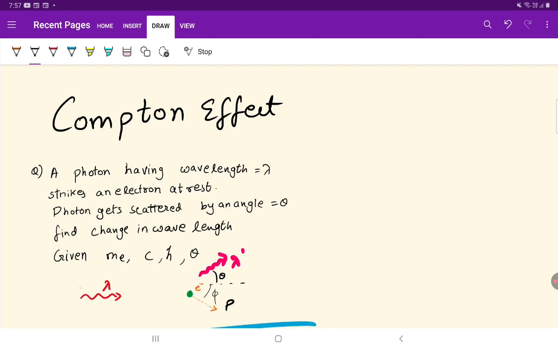Given that m_e, which is the mass of the electron, c, that is the speed of light, h, that is Planck's constant, and theta. What is theta? Theta is the angle with respect to the initial direction at which the photon gets scattered. Basically, theta is the difference between the angles of the initial direction and final direction. Okay, so basically it implies the angle of deviation.